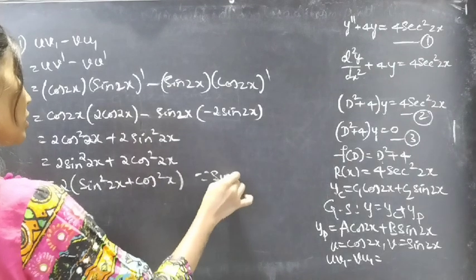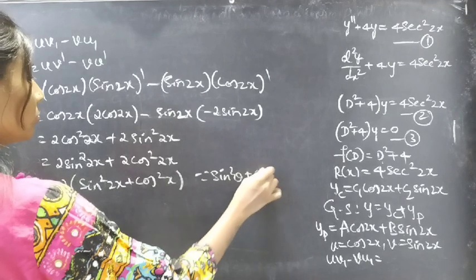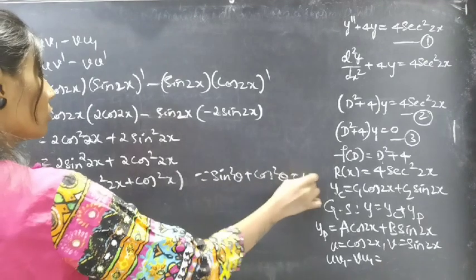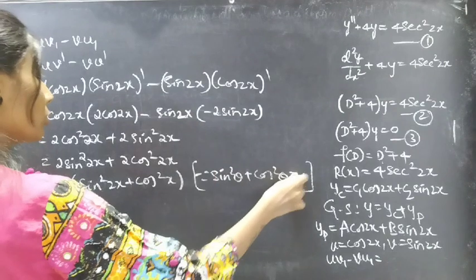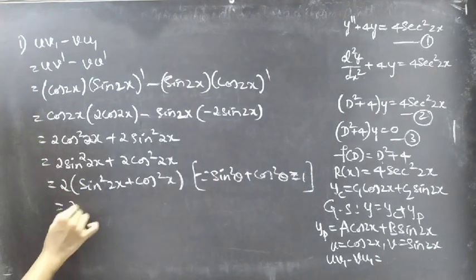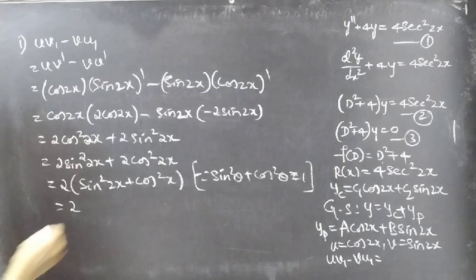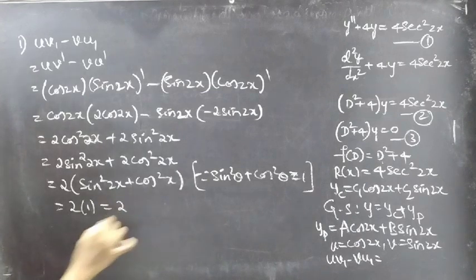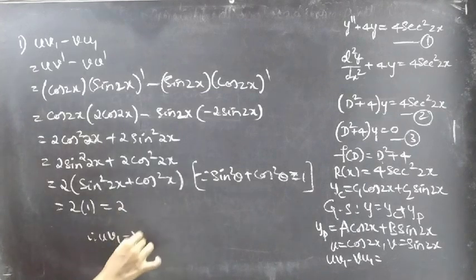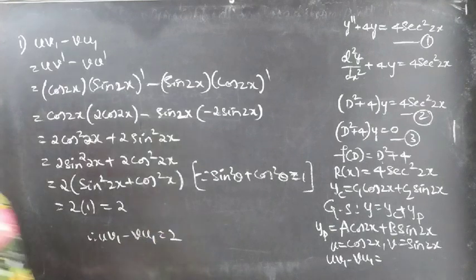Since we know that sin square theta plus cos square theta equal to 1, we can replace sin square 2x plus cos square 2x with 1. We'll get 2 into 1 is 2. Therefore, uv1 minus v1 equal to 2.